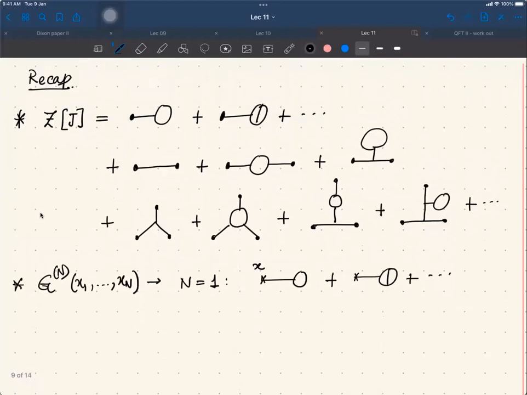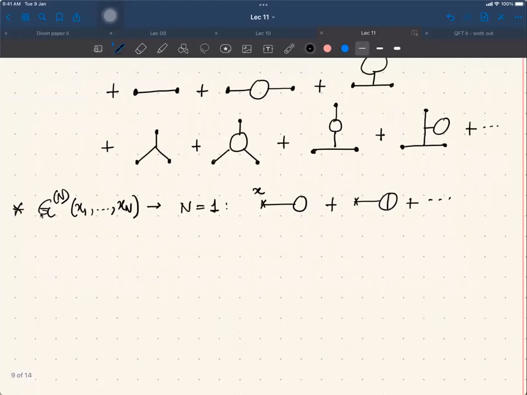Basically the same diagram as in Z of j, except that the dot is now replaced by a fixed space-time point. For the n-point function, there will be n crosses, the fixed points where the derivative with respect to j has taken place. Those are the external points, the values of which appear as arguments in the Green's function here.